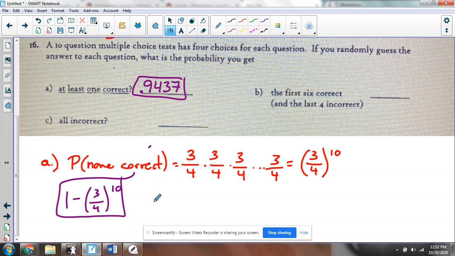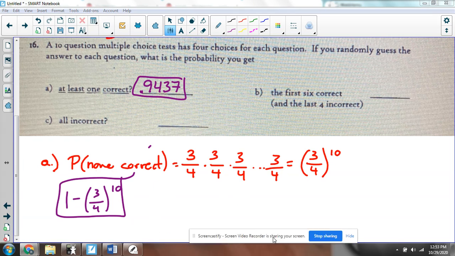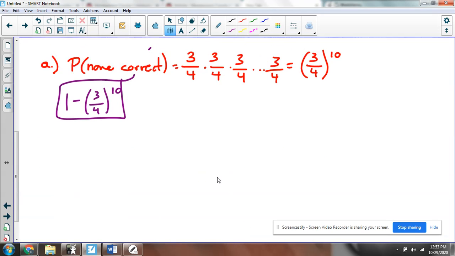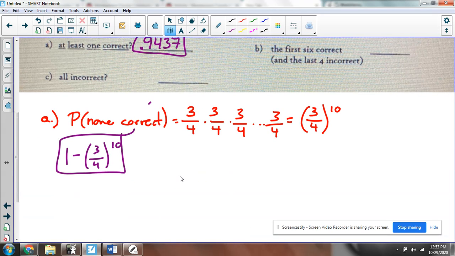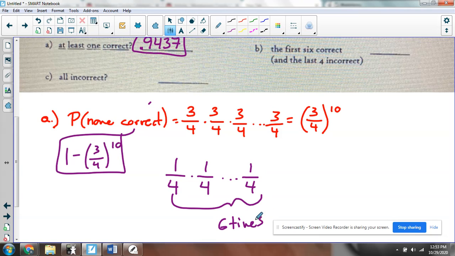The first 6 correct, the last 4 incorrect. How many ways can I get the first 6 correct? Well, the probability, anyway. The first one correct, there's 1 out of 4 ways to do that. Second one correct, 1 out of 4. The 6th one correct, 1 out of 4. I'm doing this 6 times. And then the last 4 incorrect, 3 out of 4 ways I can do that. 3 out of 4, 3 out of 4, 3 out of 4.